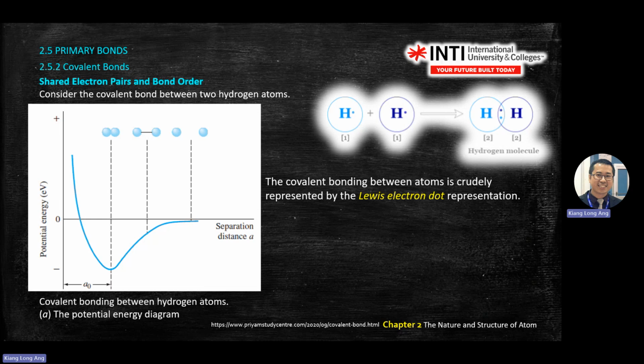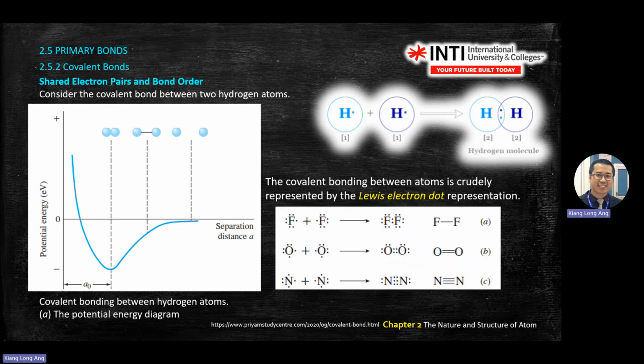This is the electron dot presentation, the Lewis electron dot, which you already know. To talk about covalent bonding, normally we present it with a Lewis electron dot diagram. For example, F plus F, you get one line, which means a single covalent bond.